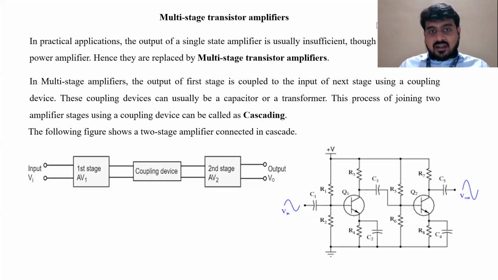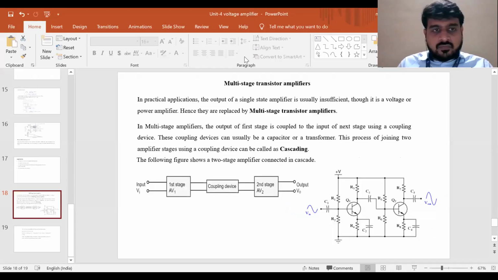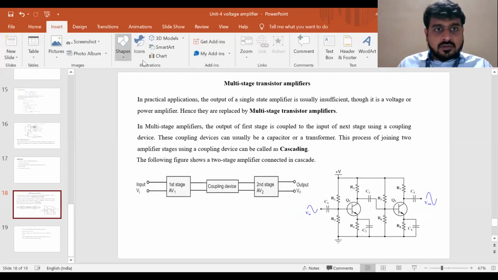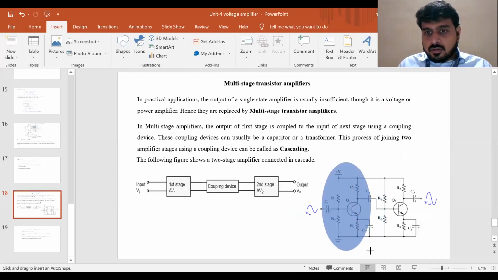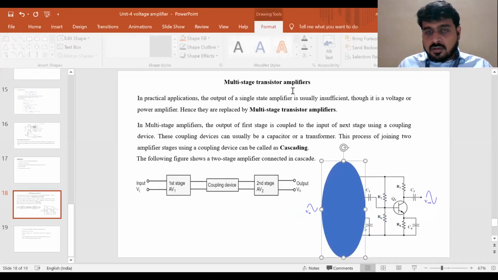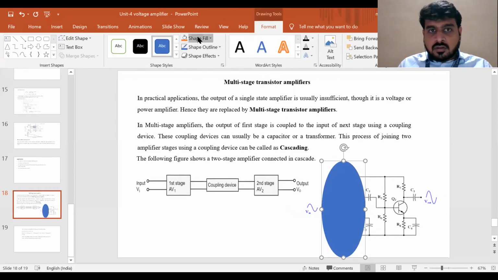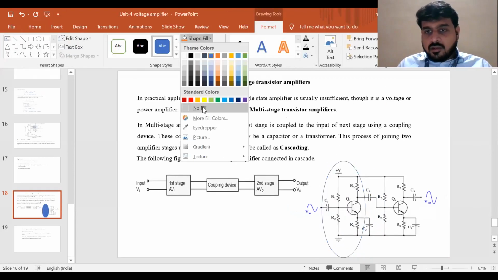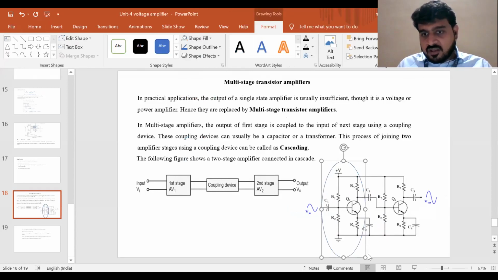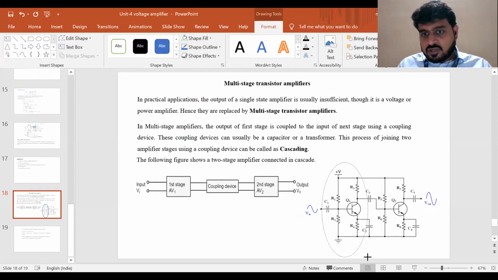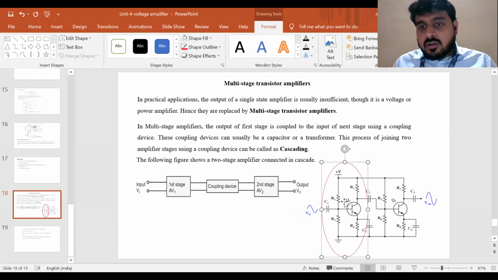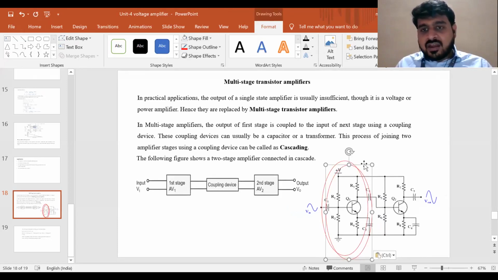Now if you see this portion of my circuit that I highlighted, can you see it? Yes, sir. This is one C amplifier, and the same thing I have connected over here.